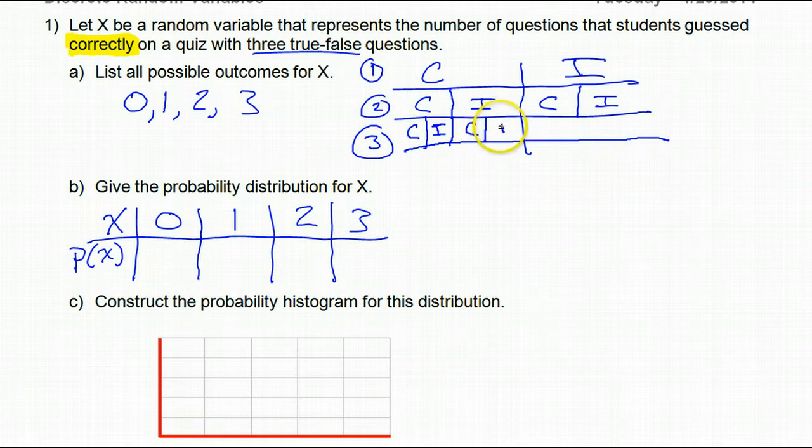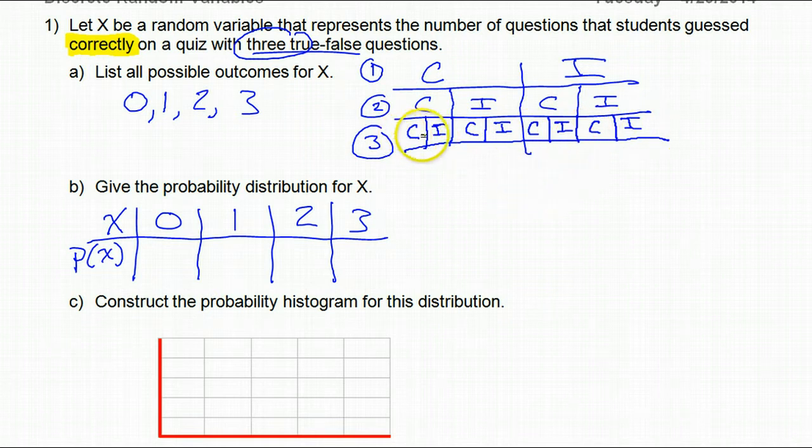The way you create the chart is you take each answer and split it up with the possibilities. If this one was correct and we're here, then from there you could go correct or incorrect. Each one gets split up into correct and incorrect. There were only 3 questions, so this represents question number 1, question number 2, and question number 3.